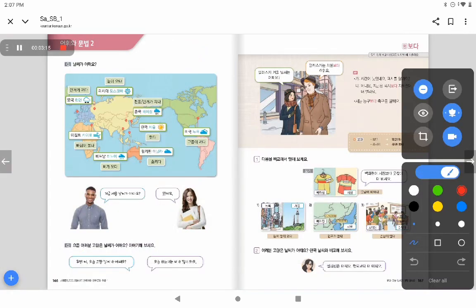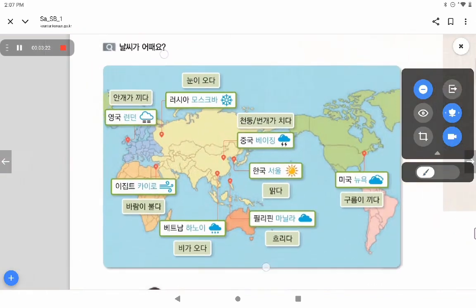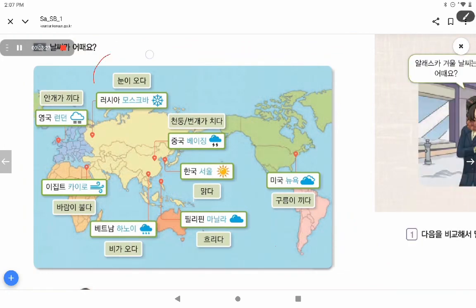Now this is explaining different weathers in different countries. Like, 눈이 오다, snow. 안개가 끼다, foggy. Like Russia, Moscow, and London in the UK. 번개가 치다, thunderstorm or lightning storms.